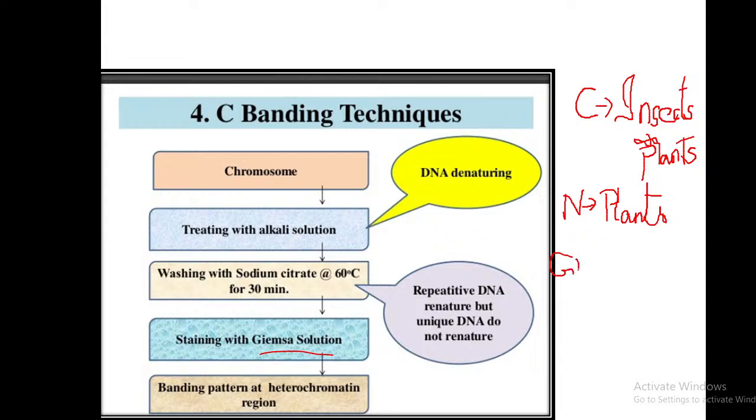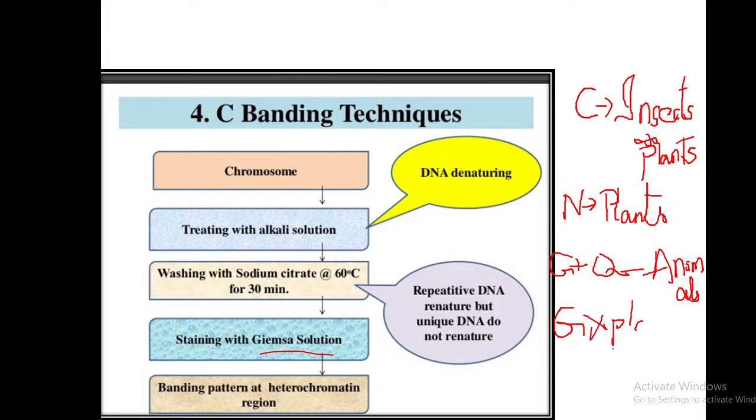G and Q type of banding pattern is used for human beings, but the G banding is not used in the case of plants. G is used for animals, and the C is not used for plants.